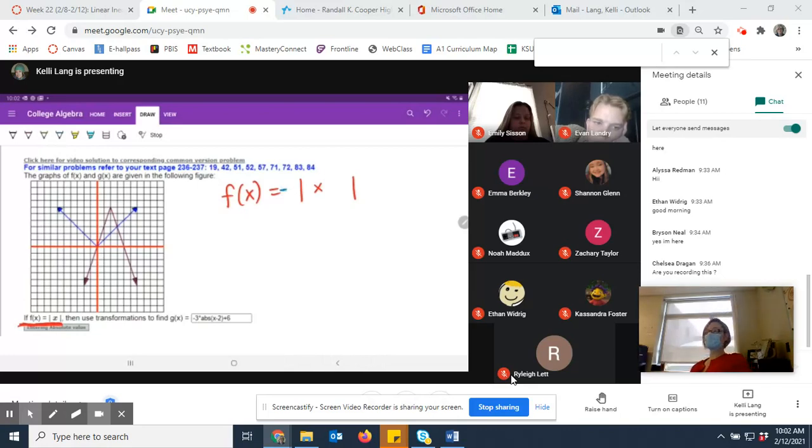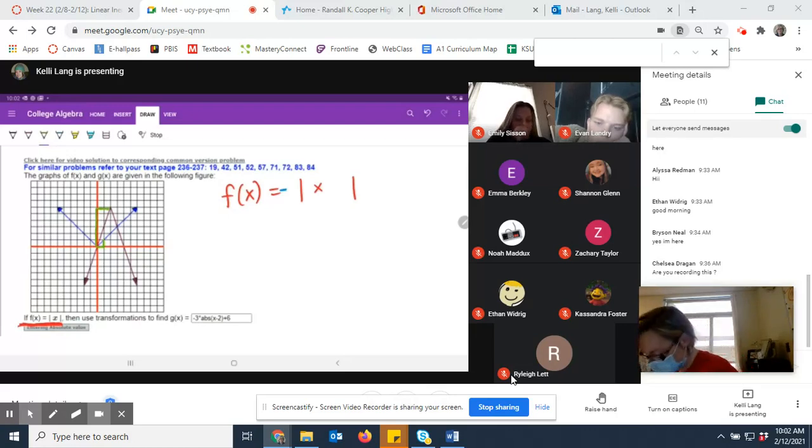The next thing we look for is a stretch. Did our function get skinnier or fatter? It looks to me like it got skinnier. And in fact, I can kind of see that while this has a 1-to-1 ratio for its slope, the new function has, let's say, 1, 2, 3, 4, 5, 6.